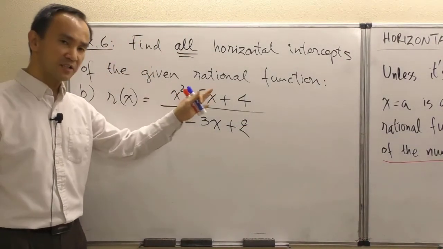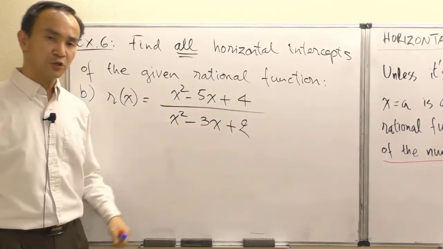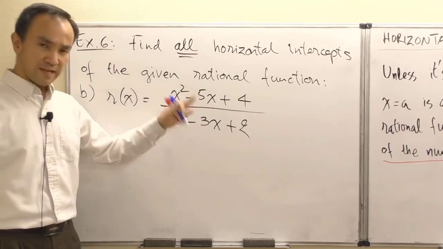Okay, x squared minus 5x plus 4 divided by x squared minus 3x plus 2. All right, so that's our rational function.